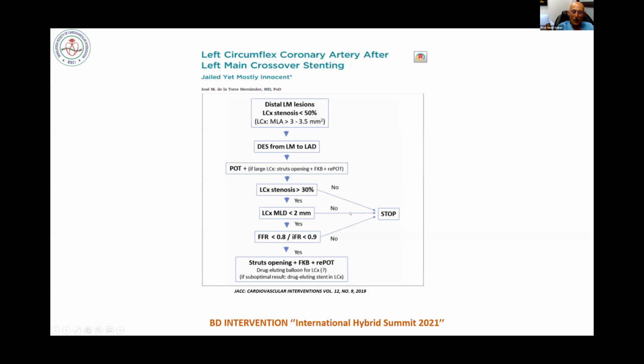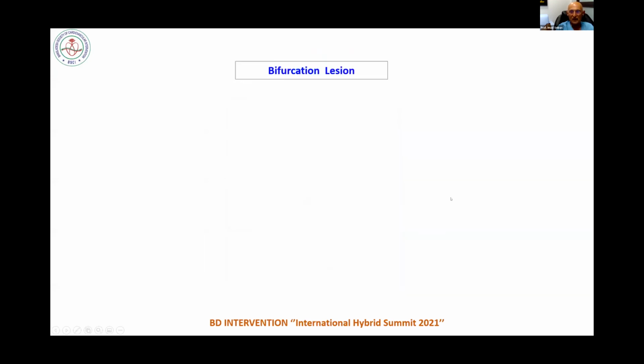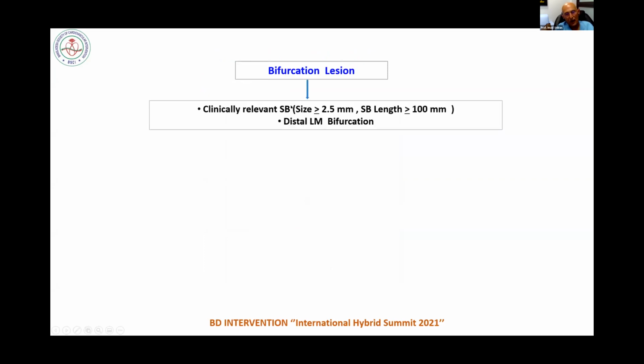Otherwise you can stop without leaving the side branch without treatment, as I have shown you before. That means guided by FFR.